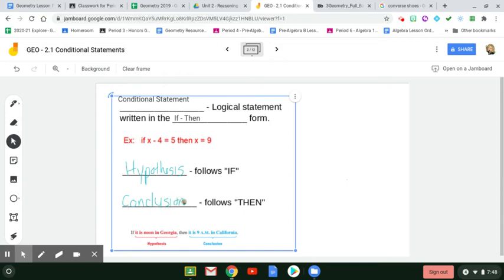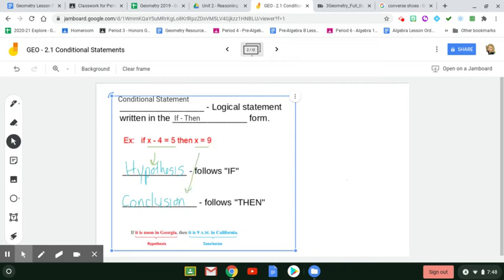So if I look at my first conditional statement, if x minus 4 equals 5, then x equals 9, x minus 4 equals 5 was my hypothesis. Then x equals 9 was my conclusion.